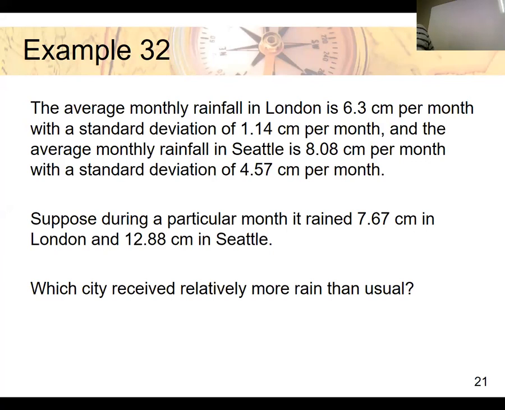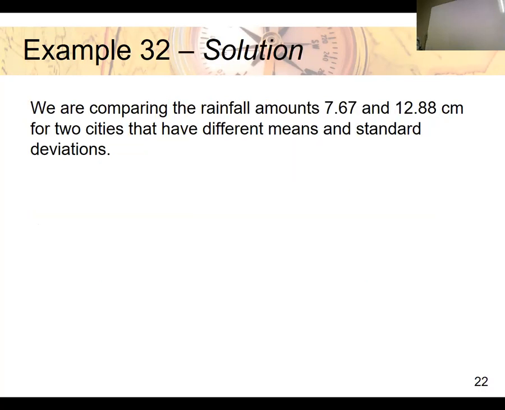Suppose during a particular month, it rained 7.67 centimeters in London and 12.88 centimeters in Seattle. Which city received relatively more rain than usual? Here we're comparing the rainfall amounts of 7.67 and 12.88 centimeters for two cities that have different means and standard deviations.